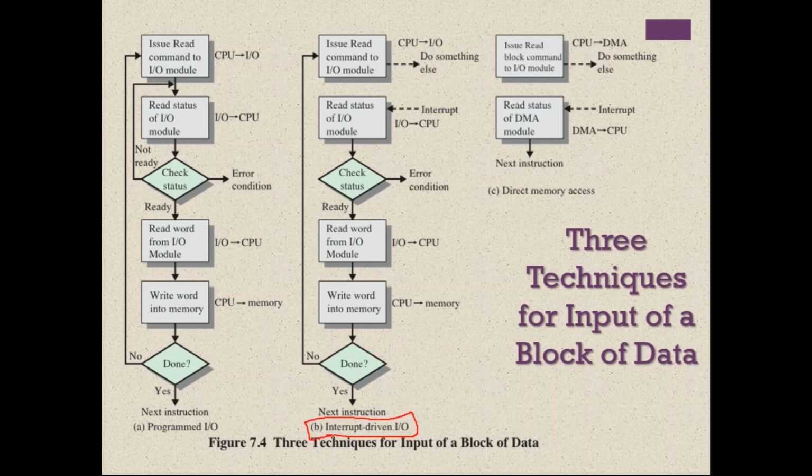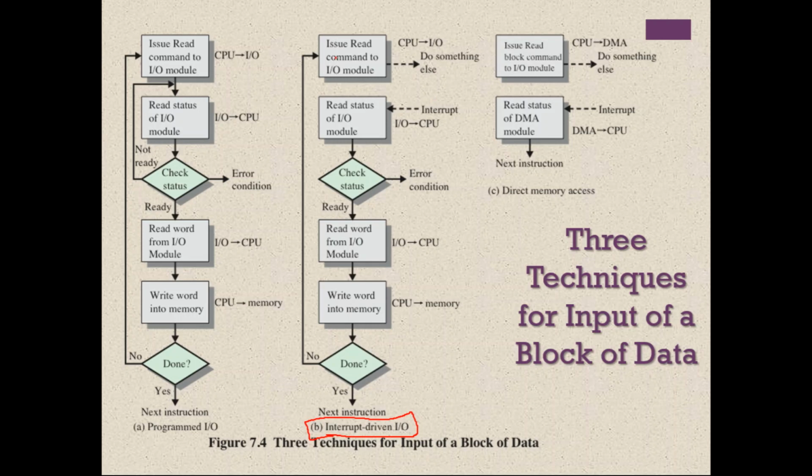If there is some other process it has to attend, it will attend that. Once that IO is completed, the respective IO module will generate an interrupt to the processor. Then again the processor will come back to this particular IO module and get the result, and then it will proceed. So this is the whole principle in which interrupt driven IO works.